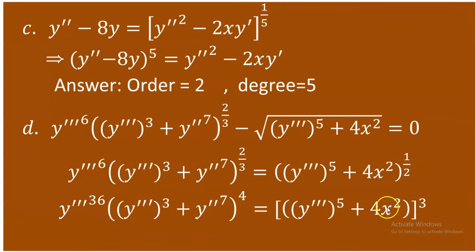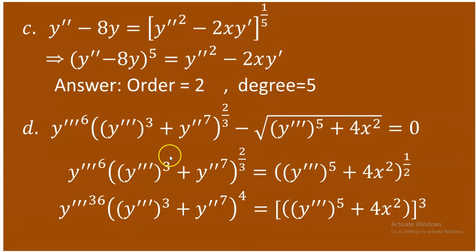When you come to the right side, as you are multiplying this 3 times, here you have 5 times 3, 15, which is going to be the exponent for this particular expression. So having 48 over here, can we take 15 as the degree? We can't. So because of this, 48 is considered to be the degree, and the order is going to be 3 for this particular example.